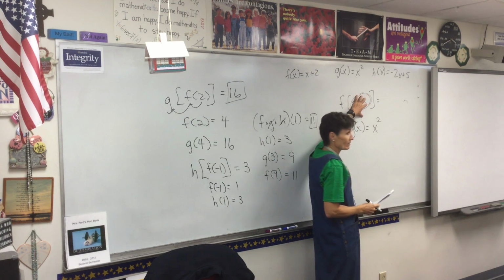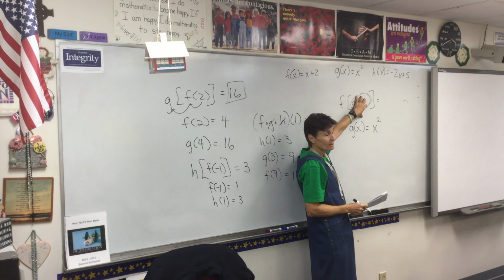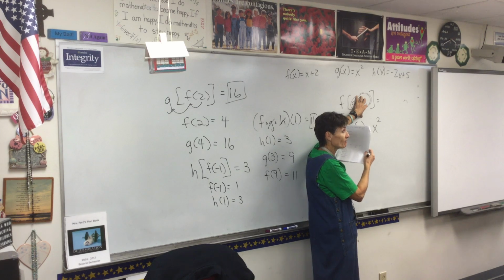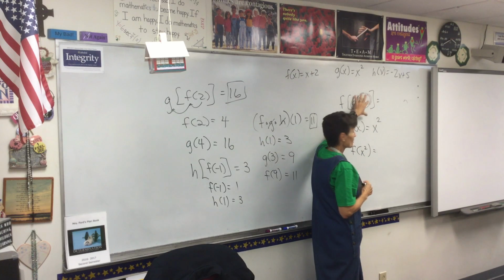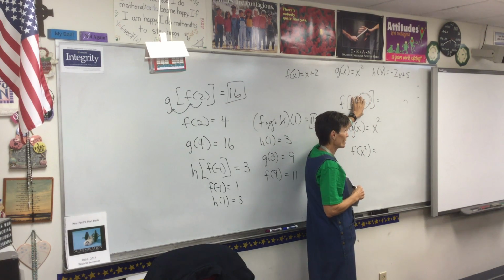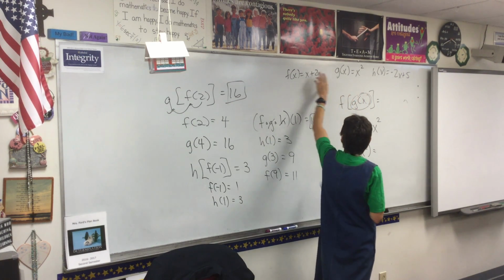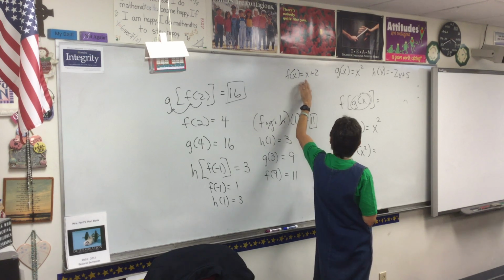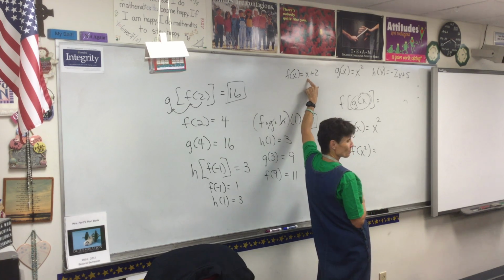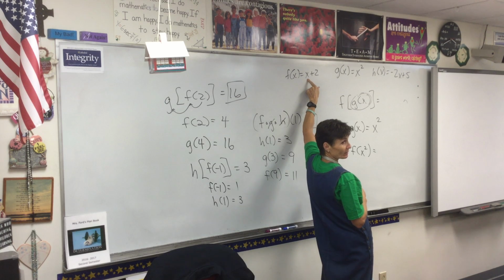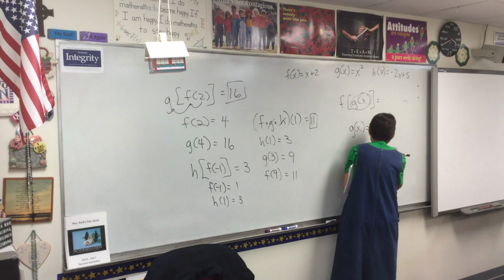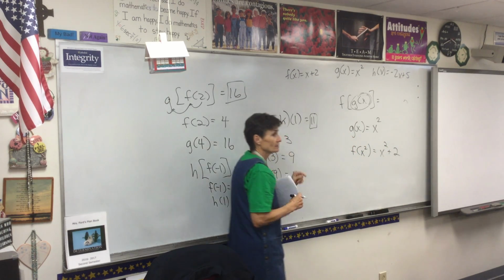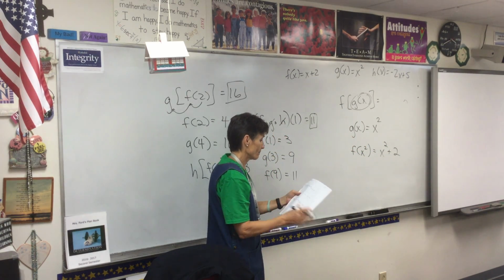So this right here is x squared. So it says find f of x squared. Isn't that what it says? Find f of x squared, which means go back to your f function, and every time you see an x, put in an x squared. So the answer is going to be x squared plus 2. That's exactly right.